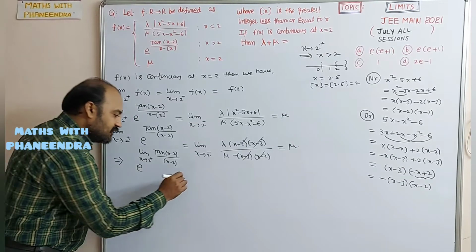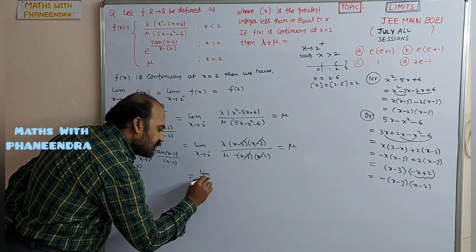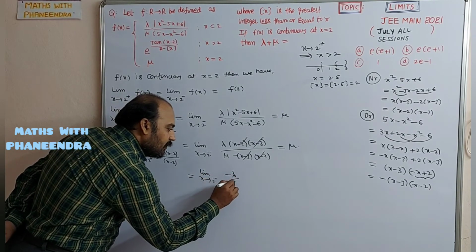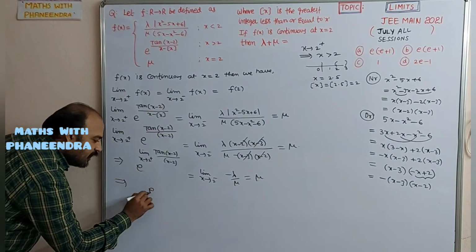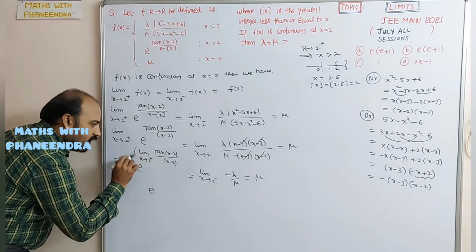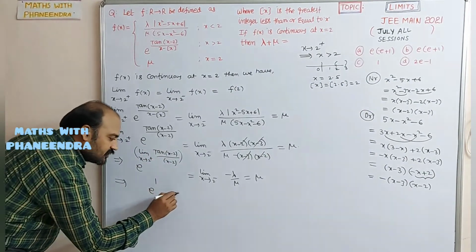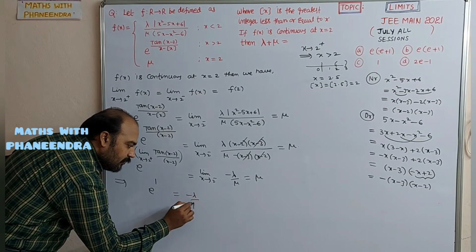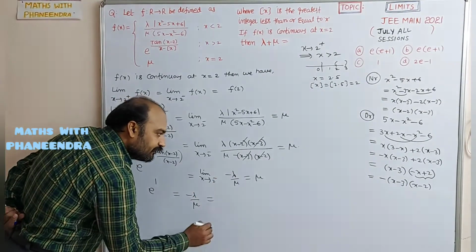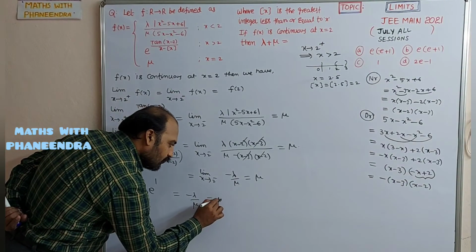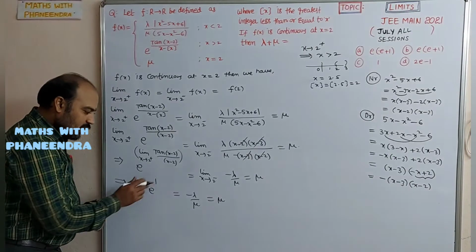In the next step we will write it. So here also limit x tends to 2 minus lambda by mu is equal to mu. That implies e power, this value goes to be 1 now, limit x tends to 0 tan x by x, that value is 1, which is equal to minus lambda by mu, which is equal to mu. After that, e power 1 is e only.